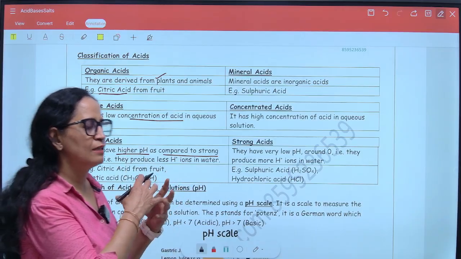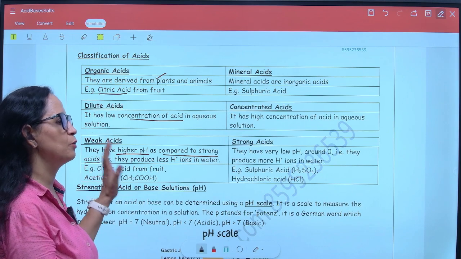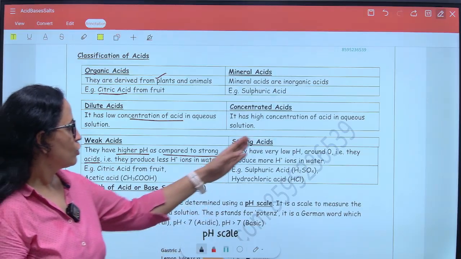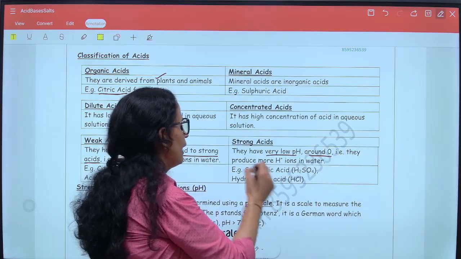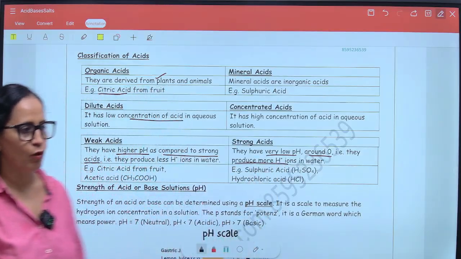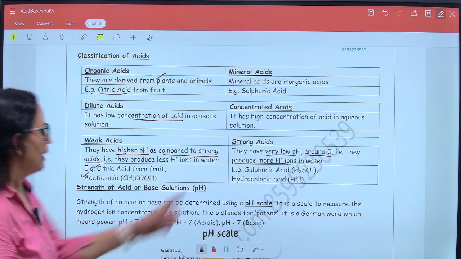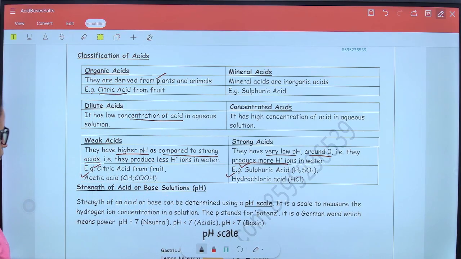They do not dissociate 100%. They do dissociate in water, but not to the extent that strong acids do. Strong acids have a very low pH, around 0, and they produce more H plus ions in water. Examples of weak acids are citric acid and acetic acid, and examples of strong acids are sulfuric acid and hydrochloric acid.